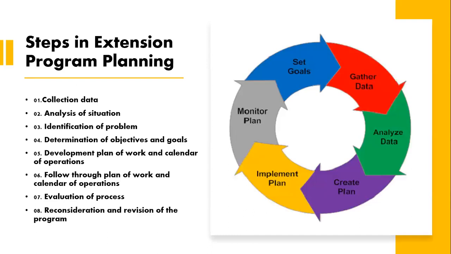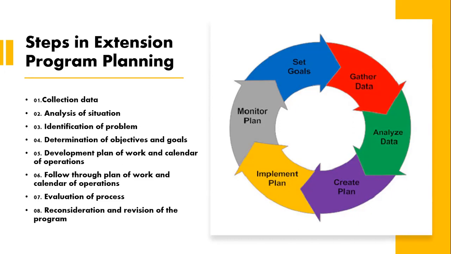When you look at program planning, there are 8 main steps. One is data collection. After the data is collected, we analyze the situation, the situation analysis. After that analysis, we can identify what problems and issues are available, the identification of the problems.